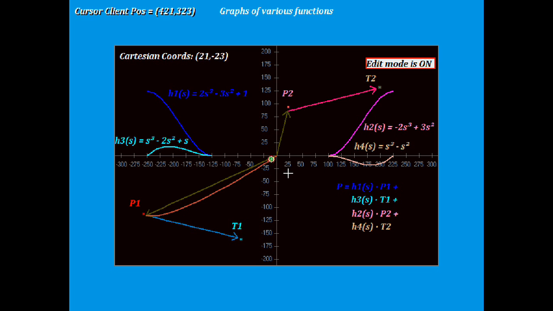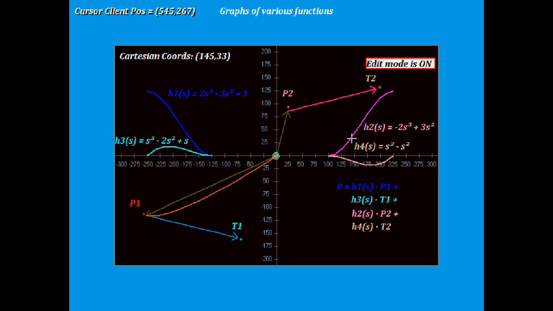Okay, now the next test is to do the same thing with P2 and T2. So H2, P2, and H4, T2. Now in this case, at the beginning, as I said, there's no motion. There'll be a slow start.